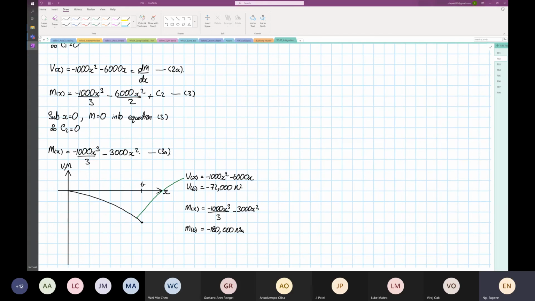So minus 180,000. Okay, so it'll be somewhere around here.